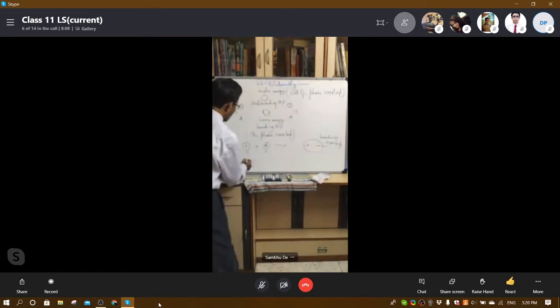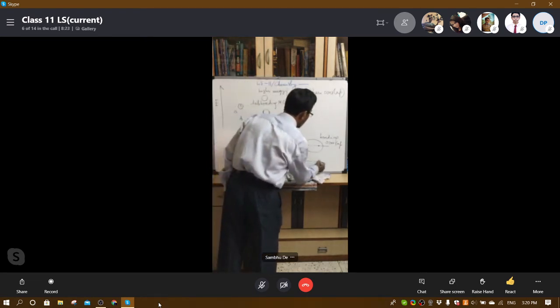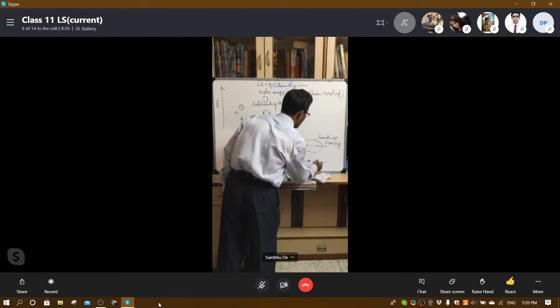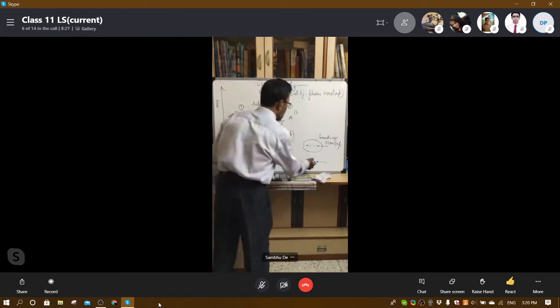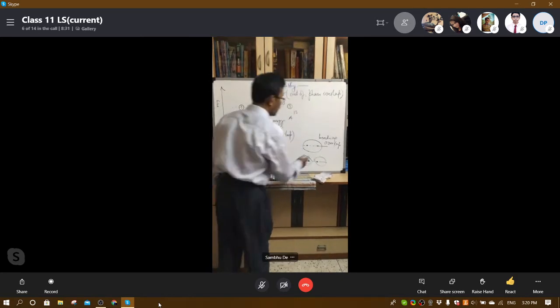Whereas if one is 1s negative, the other one is 1s positive, then it will be antibonding overlap, and the two nuclei will be at the two ends and you will have the electron cloud like this.